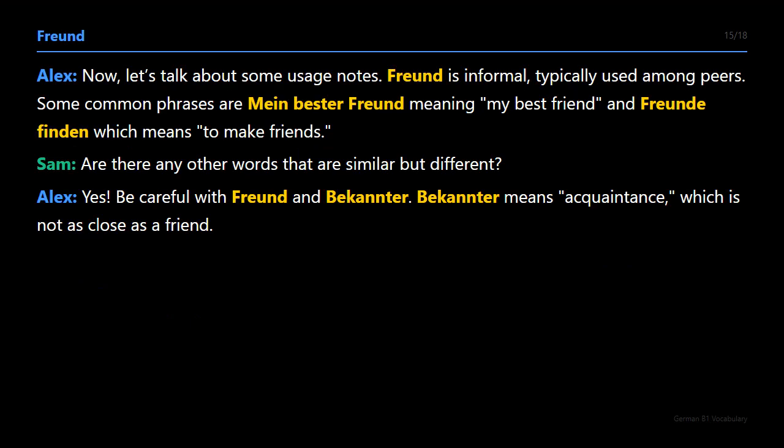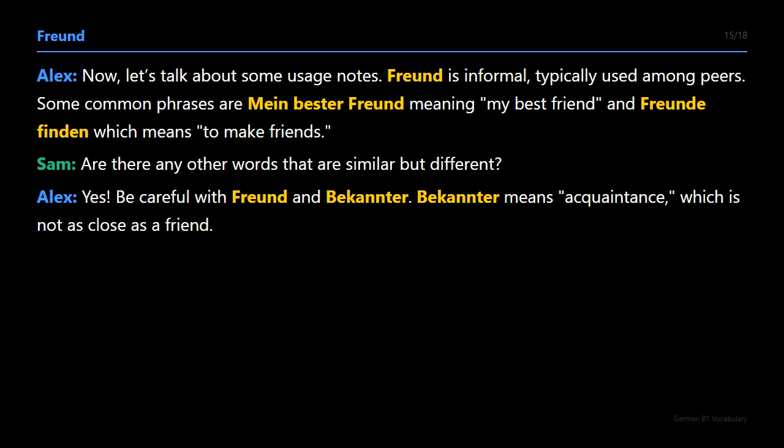Freund is informal, typically used among peers. Some common phrases are Mein bester Freund, meaning my best friend, and Freunde finden, which means to make friends.